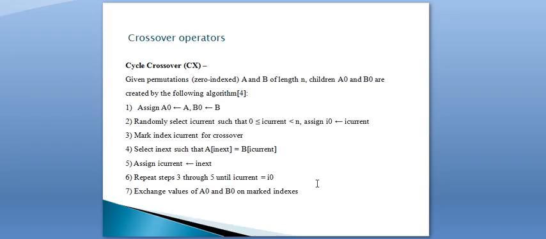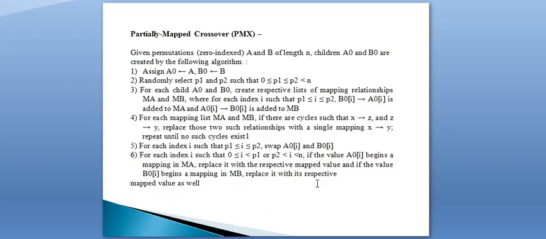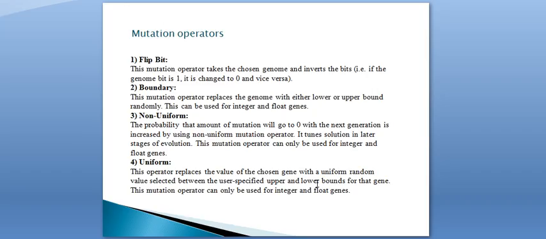This is the cyclic crossover. You can refer to the net or different papers to get knowledge on other crossovers like ordered, partially mapped, one point and two point crossover.